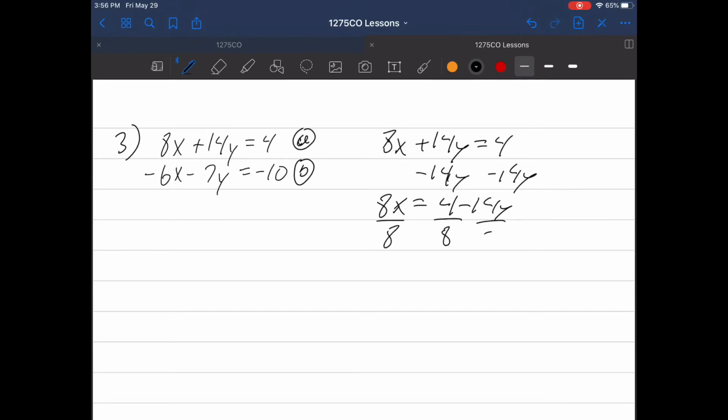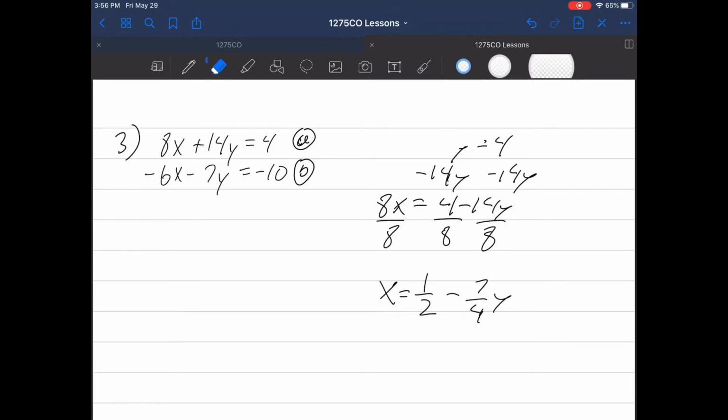We divide by 8, and everything has got to be divided by 8. We're going to get x equals 1 over 2 minus 7 over 4y, something like this, right? The point is here that it's not very pleasant looking, right? It's got fractions, and we don't like to deal with fractions, especially if we don't have to.